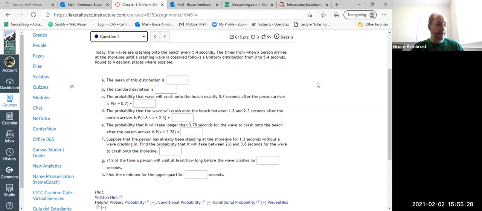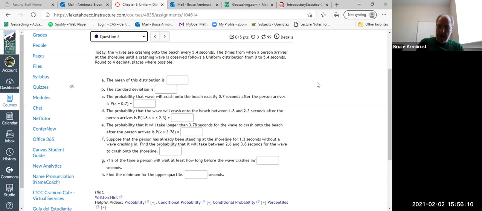Now I'm going to go ahead and write this information down because we're going to need to go to the whiteboard, I think, to try some of this stuff. So let me see here. We've got 0 to 5.4 seconds. And some things that we're going to be looking for are the mean, the standard deviation, the probability that X is exactly 0.7, the probability that we're between 1.8 and 2.3, the probability that it's going to take longer than 3.78.